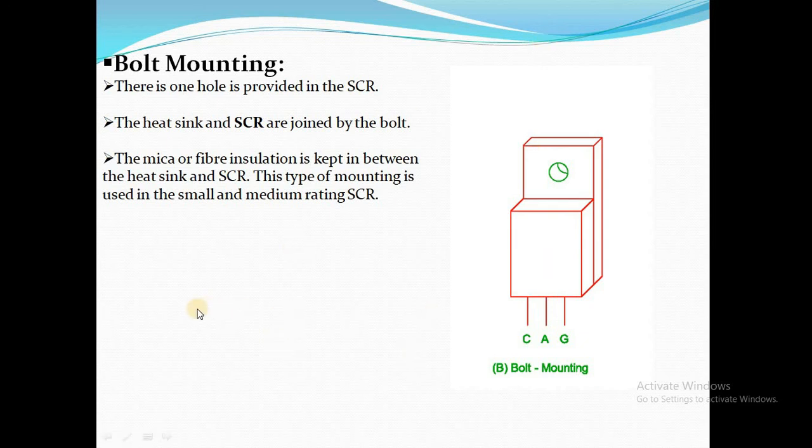As the current increases, the heat also increases, and that heat needs to be absorbed by the heat sink. For such a connection we use a heat sink, and the heat sink connection is done using this bolt. Such a connection is called bolt mounting.